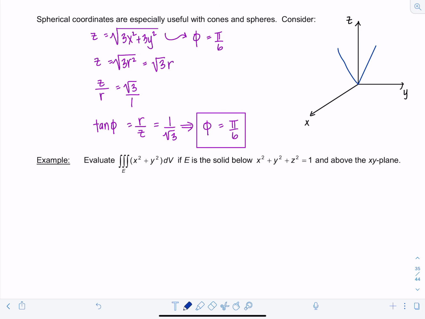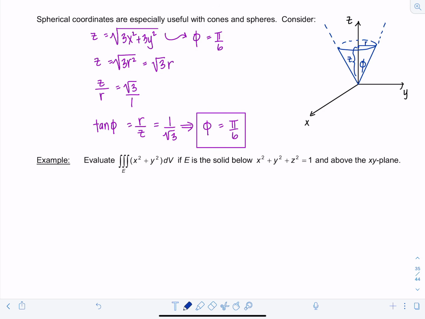Okay. So what you're going to do is, here's your cone, and then here's phi, which is pi over 6. And if you look at the ratio of z to r, it's constant no matter what point you pick on that cone, right? So that ratio is going to give you rad 3 over 1. There's your little r, there's your z. So lovely.